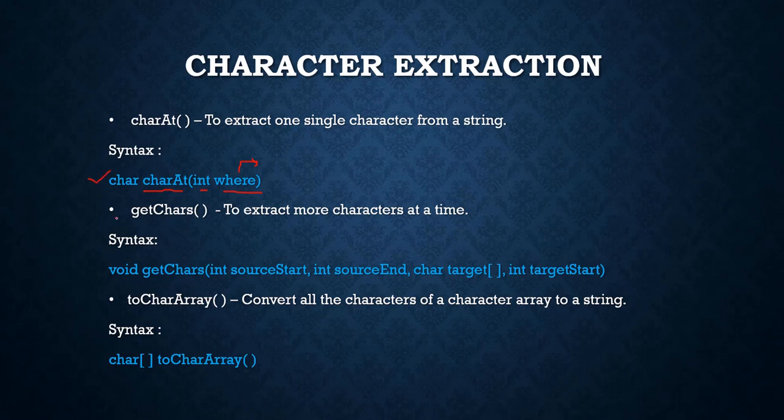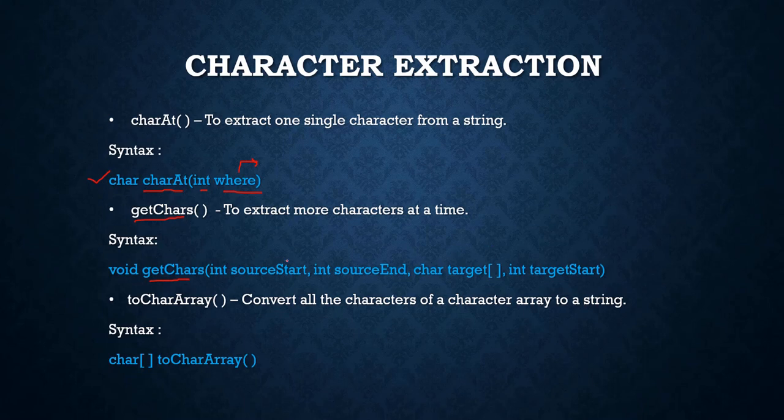And if we want to extract more characters at a time, we can use the getChars method. Let us try to understand the syntax of this method: getChars(int sourceStart, int sourceEnd, char target[], int targetStart). What are these variables about?